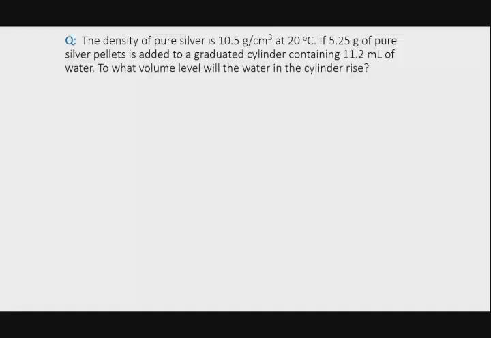In this case, pure silver, whose density is given as 10.5 grams per centimeter cubed at a certain temperature, has a mass of 5.25 grams. And then this piece of silver was added to water in a graduated cylinder. The initial level of water is 11.2 mLs. We need to figure out the rise, the final level.